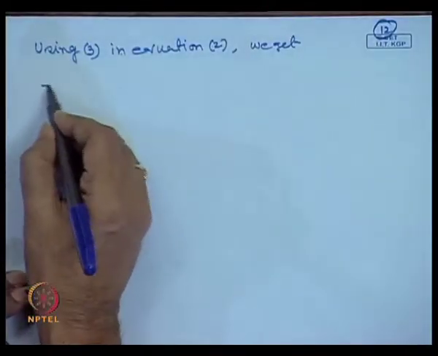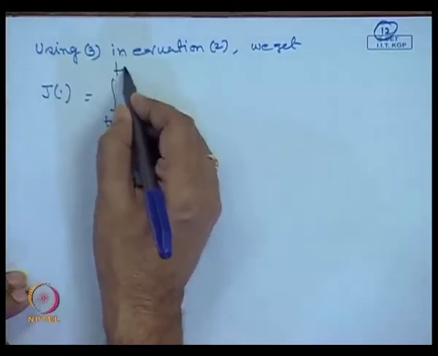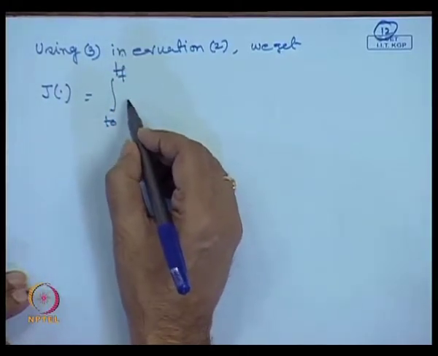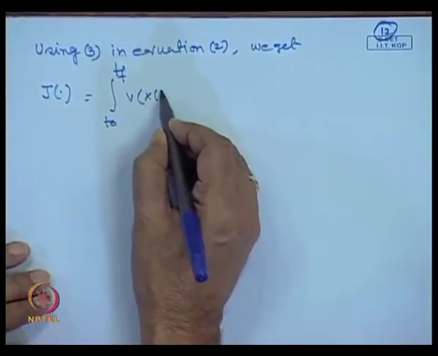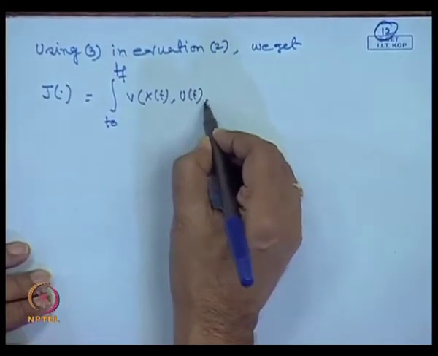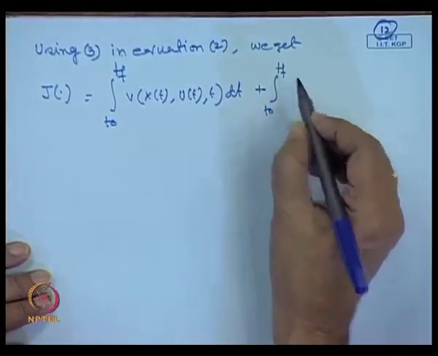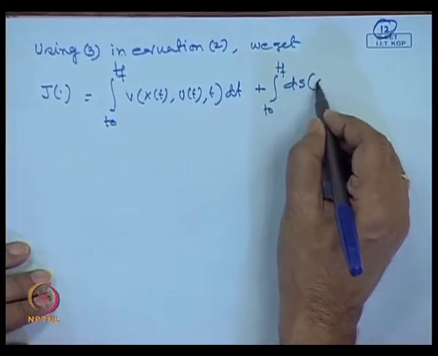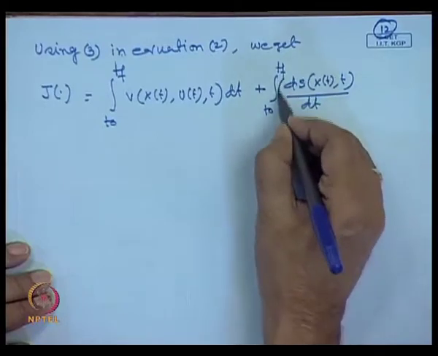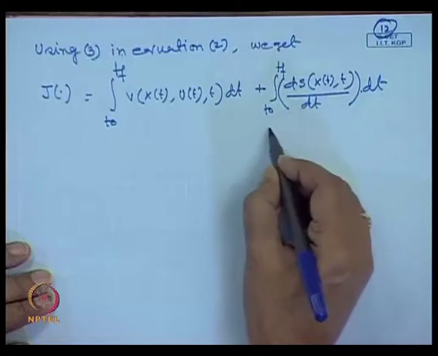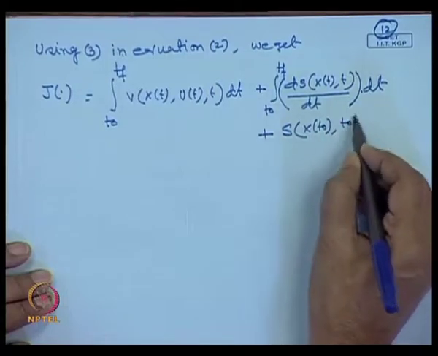So if you do this, J is equal to the integral, skipping one step, of v of x of t, u of t, t dt, plus the integral from T0 to Tf of the derivative ds of x of t over dt, whole bracket dt, plus s of x(T0), T0.